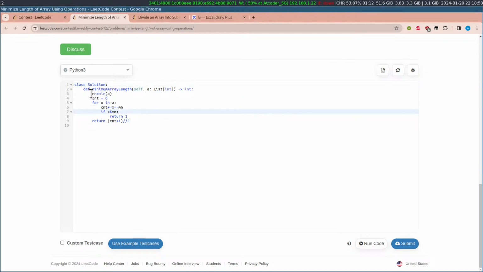So the code for this one is, you first find the minimum of a. Then the first part is you iterate over all the elements and take x modulo mn which is not equal to 0. This element would be added with frequency 1.